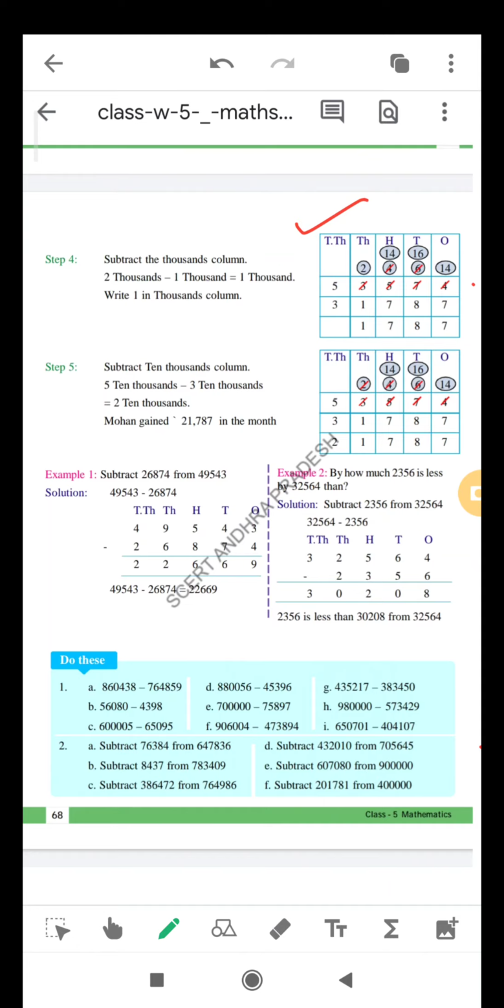See, this 4 will become how much? 14. 6 if removed, 8 will come. Here 5 will remain, because from 6 whenever I have taken, I will remain 5. From 5 you take 5, 0. From 5 you take 3, 2. From 2 you take 0. From 3 nothing is subtracted, so 3 will remain. So therefore 30208 is the right choice. Now we have to do this following.